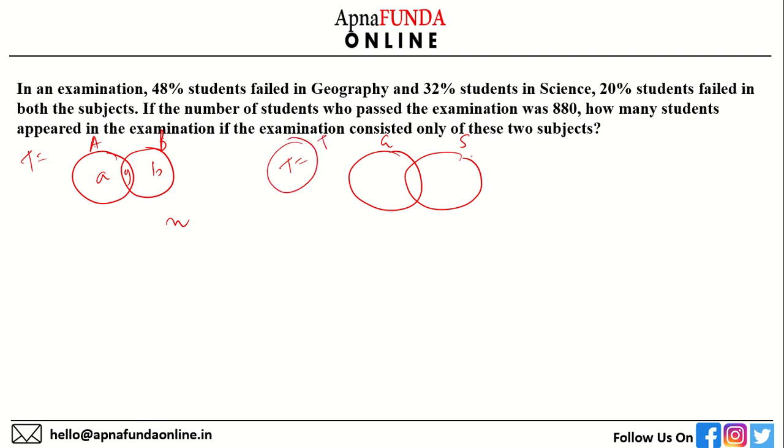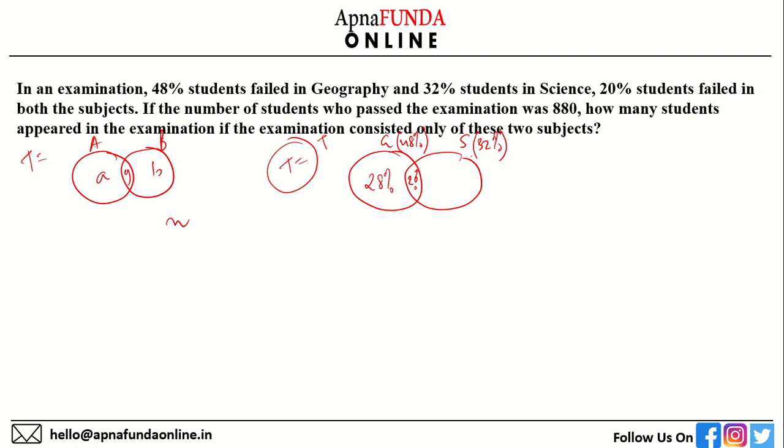So we know that 48% of the students in geography and 32% of students in science failed. The students who failed in both these subjects are 20%. So this is 20%. If 48% have failed in geography and 20% have failed in both these subjects, and there are only two subjects, that means only geography failing is 28%, 48 minus 20.